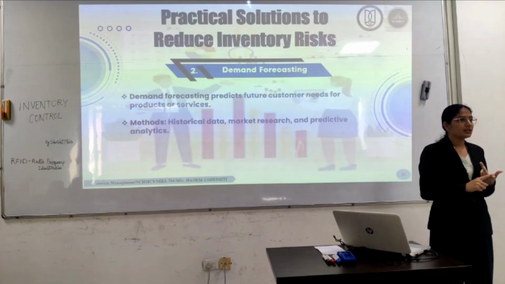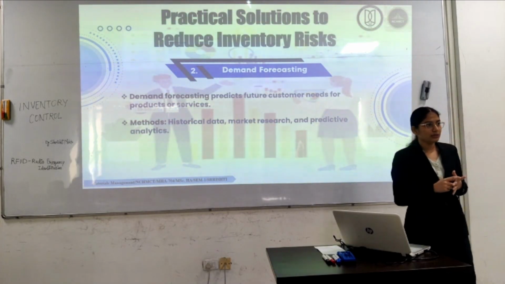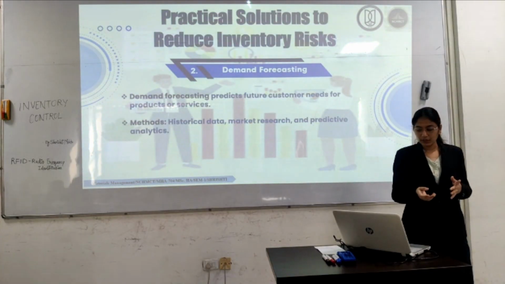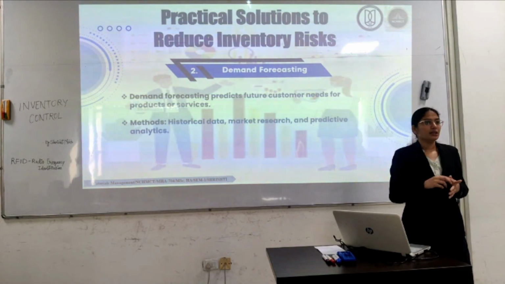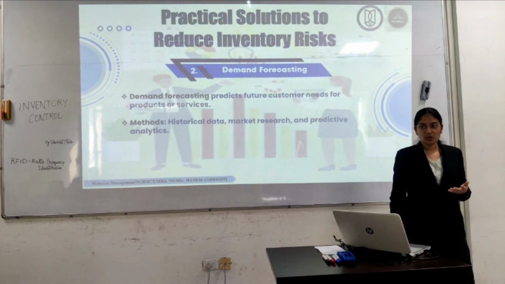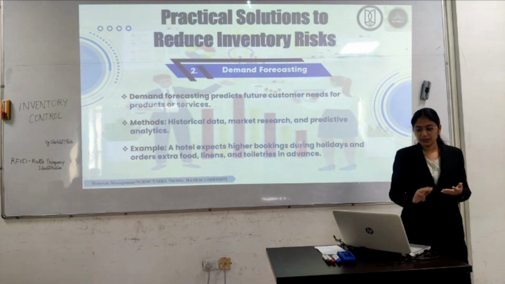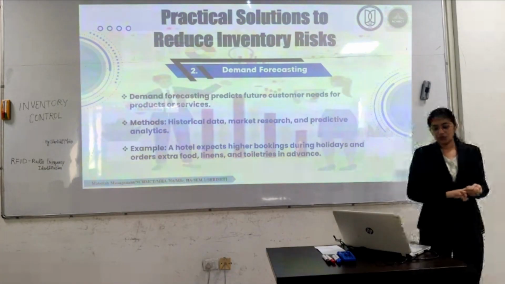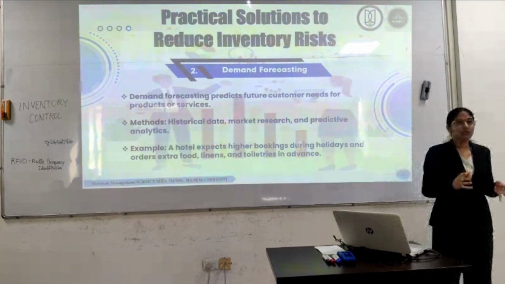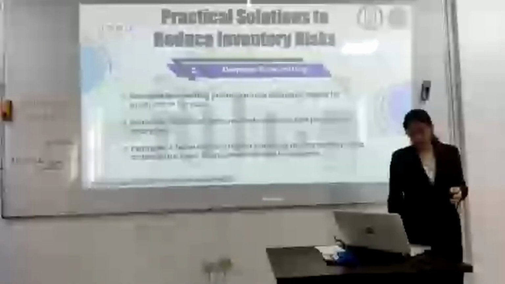Next is market research, looking at market trends and what customers focus on. Then predictive analysis, forecasting to predict where customer needs will go. For example, a hotel expects higher bookings during holidays, so the hotel orders extra food, linen and toiletries in advance.